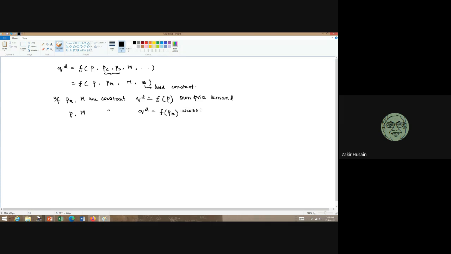This is called the cross price demand curve. And if prices are held constant, we get the income demand curve.